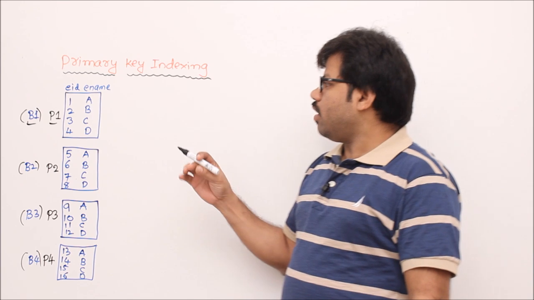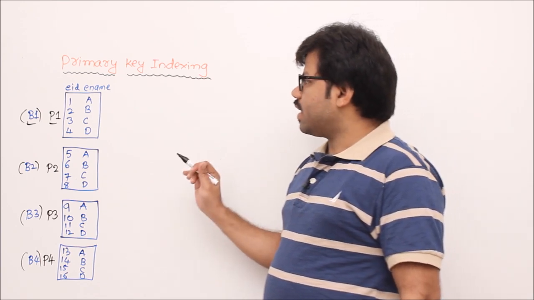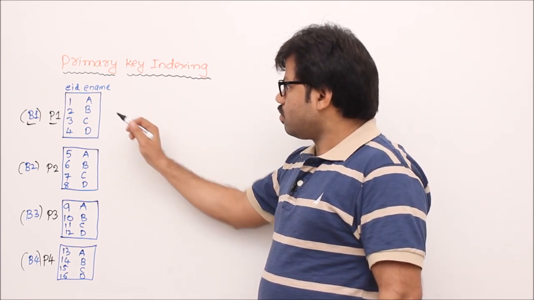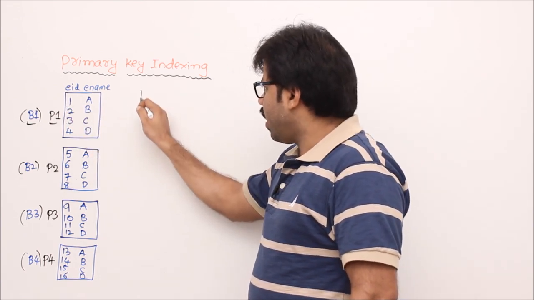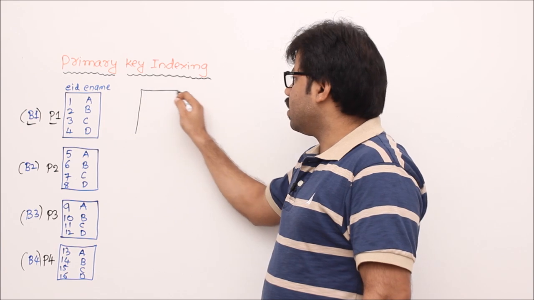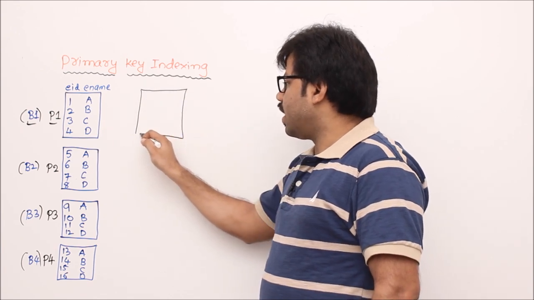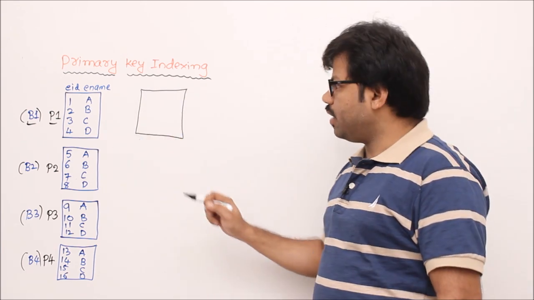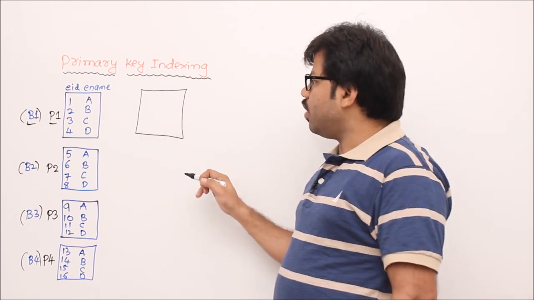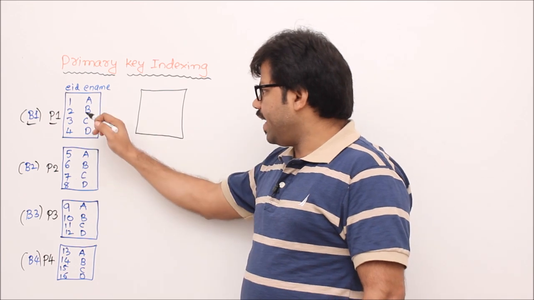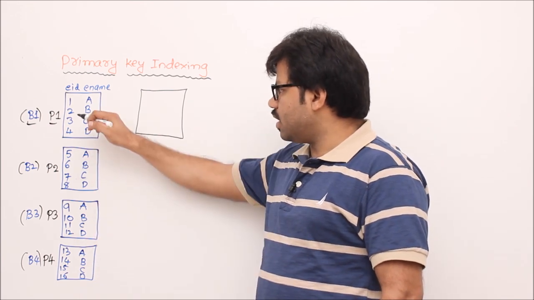Okay, now let's begin. In primary indexing, we just create only one entry per block. I create a page, first of all, one page. On that, I write some entries. They are nothing but the information about each block. Let's say this is block number 1.